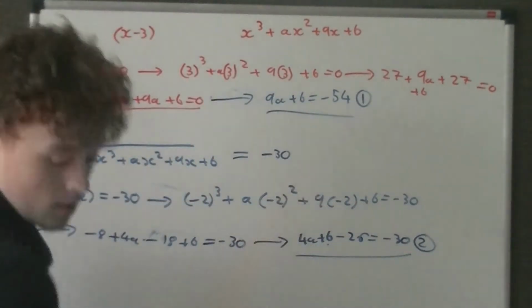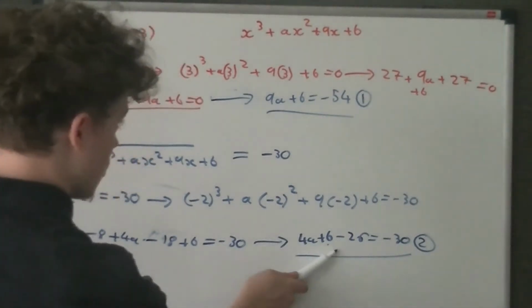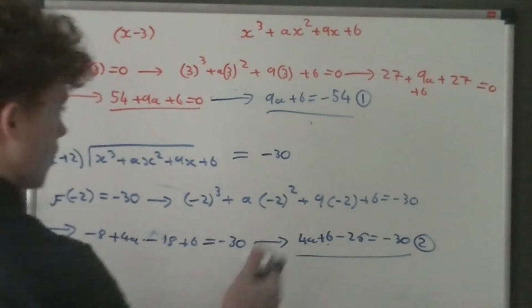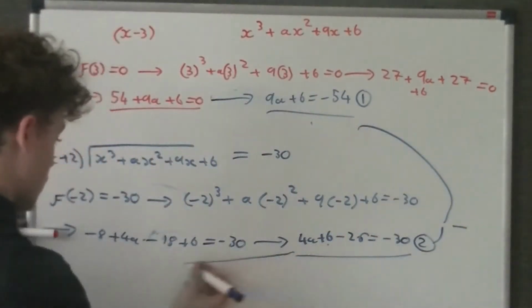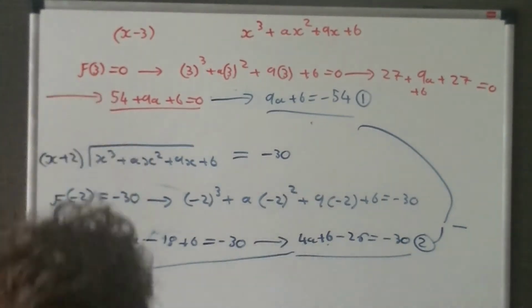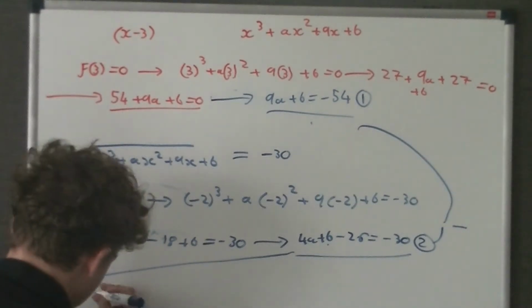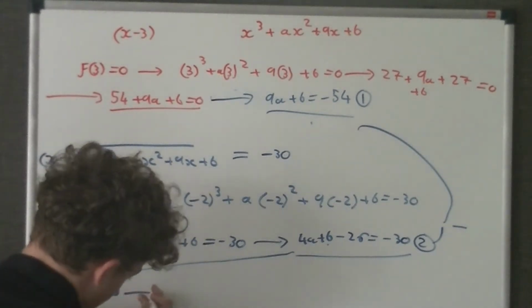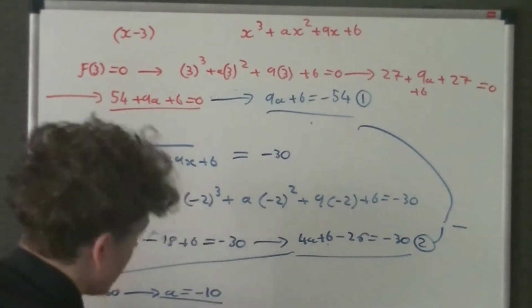If we take 2 away from 1, so if we take this equation away from this equation, that gives us 5a equals negative 50. a equals negative 10, divide both sides by 5.